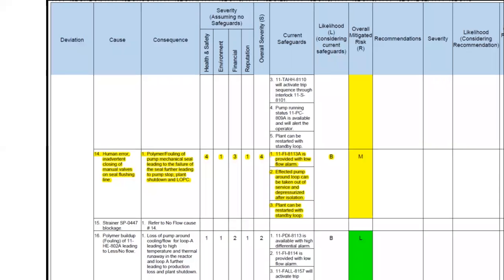Number three, if the alarm is prioritized. For example, in the control room, there will be a number of alarms. So out of those alarms, how will he identify the critical alarm? If the priority is high, then we can credit that alarm. Similarly, if the cause is failure of a control loop, then we cannot take credit of the control loop as a layer because it is a cause.